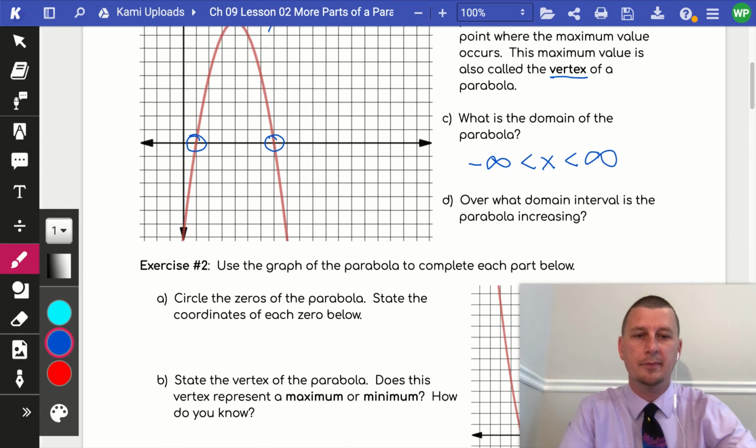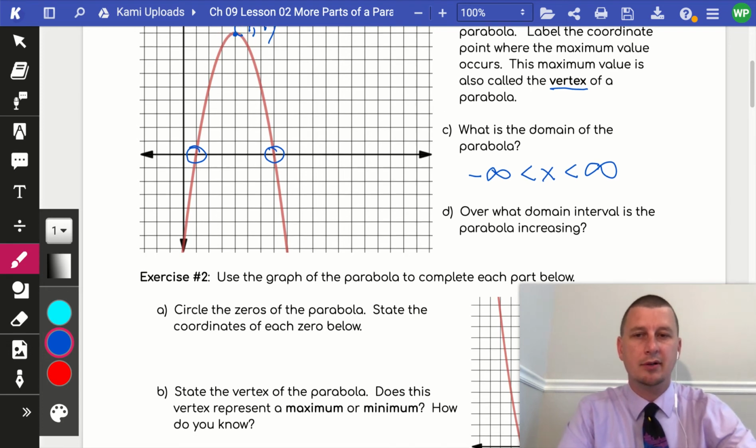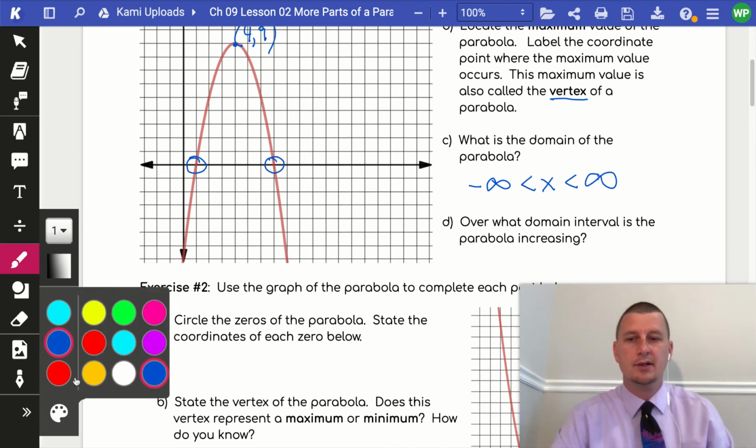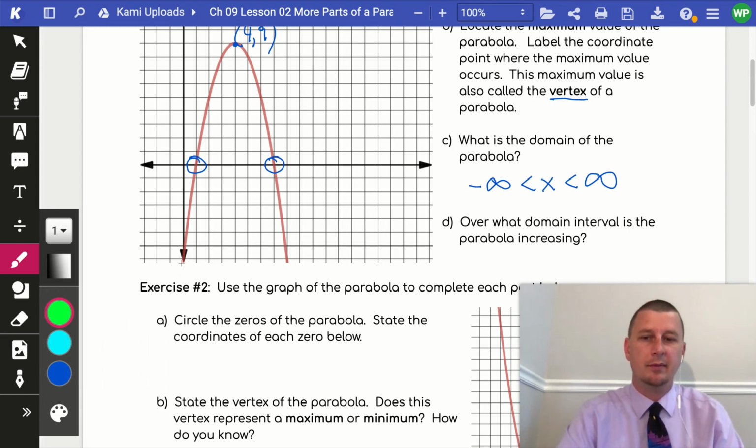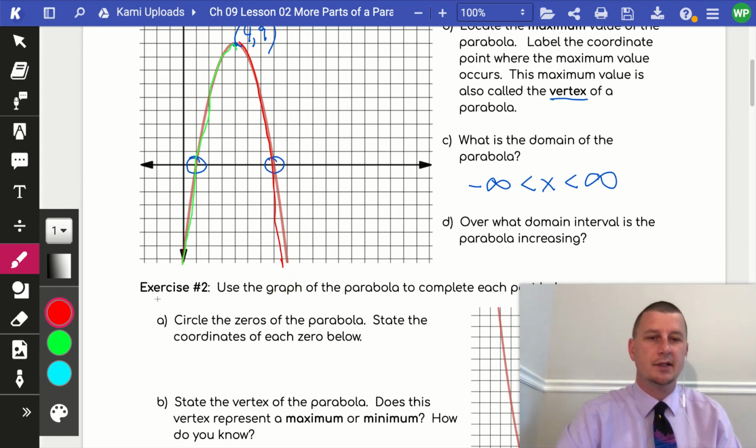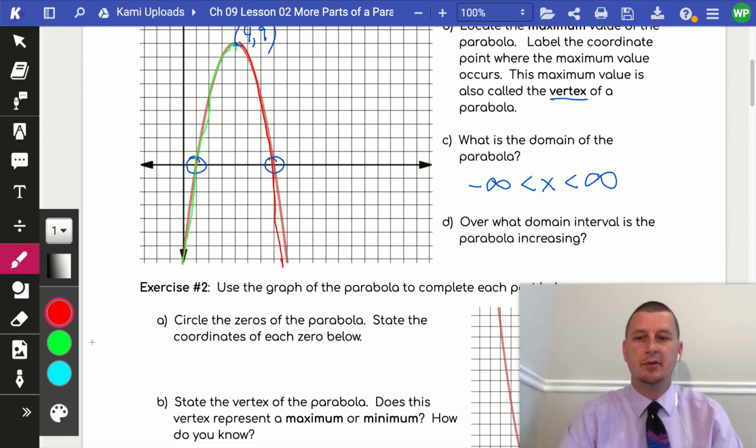Either way, all real numbers or from negative infinity to positive infinity are two ways to express the domain of that parabola. Now finally in part D, it says over what domain interval is the parabola increasing? When we think about increasing, we read this parabola from left to right. As we read it from left to right, we notice that our parabola goes up, up, up, up, up, up, up. Turning point, it's going to turn around. And after the turning point, it's going to go down, down, down. So our increasing interval is this left side of the parabola.